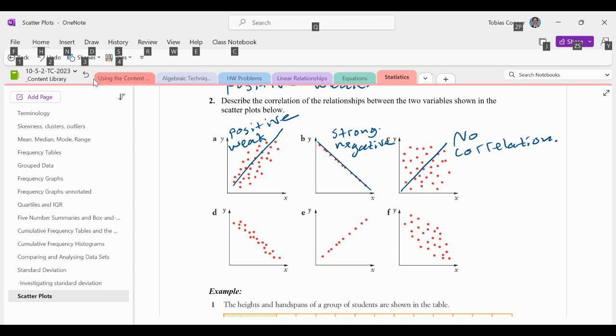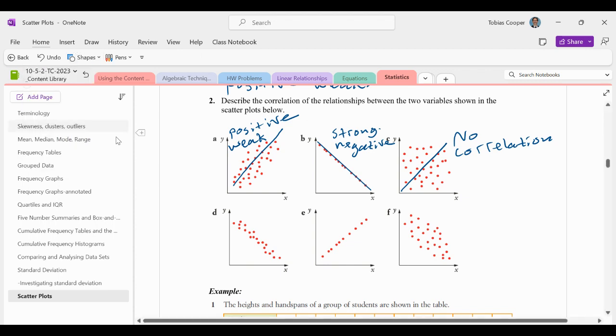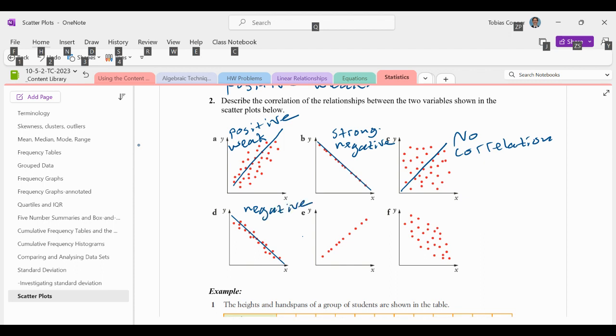Okay, let's have a look at another line of best fit. So we'll try and draw that there. Now, this is a negative correlation, and it is reasonably strong because they're quite close. Negative and strong.